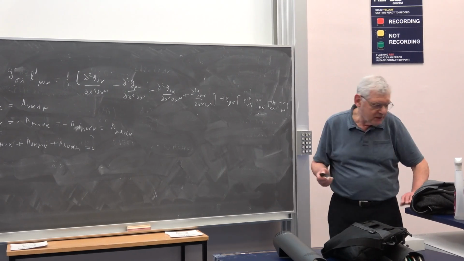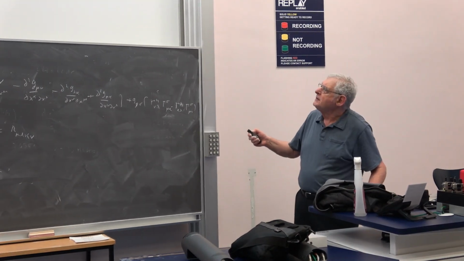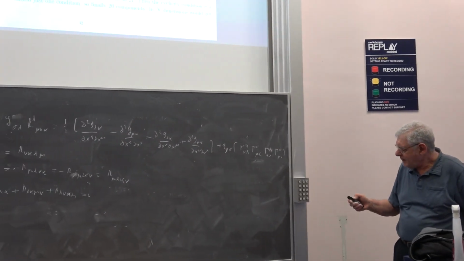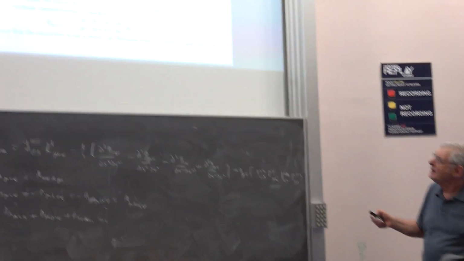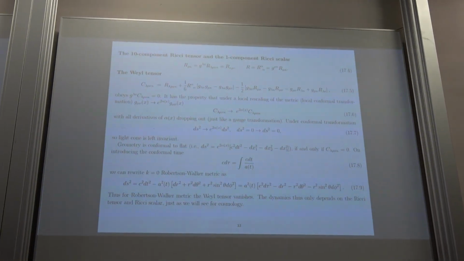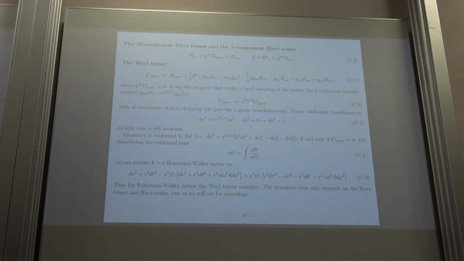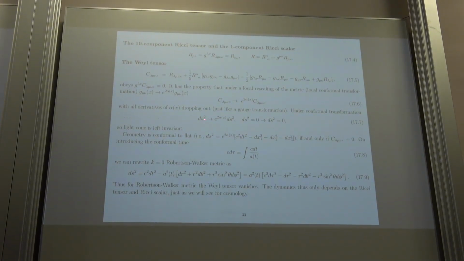And let me just show you again. The Weyl tensor transforms without any derivatives, but I can also transform the geometry by changing the time to conformal time, a function of time times something which is a flat metric.